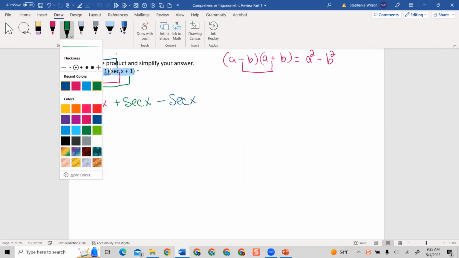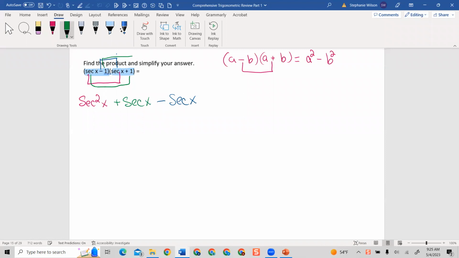And let's multiply this last term in that one and the last term in that one. So I got negative times a positive, which is negative. 1 times 1 is 1. What happens to this part here? It goes to 0. Now I'm left with secant squared x minus 1.